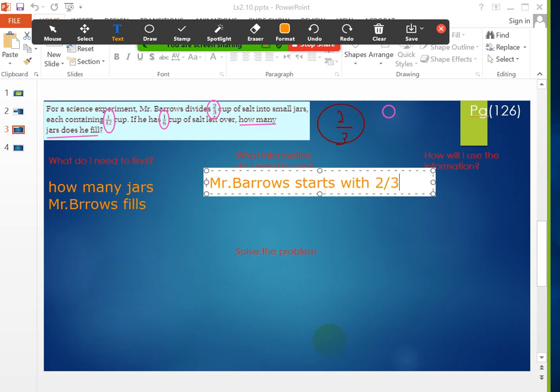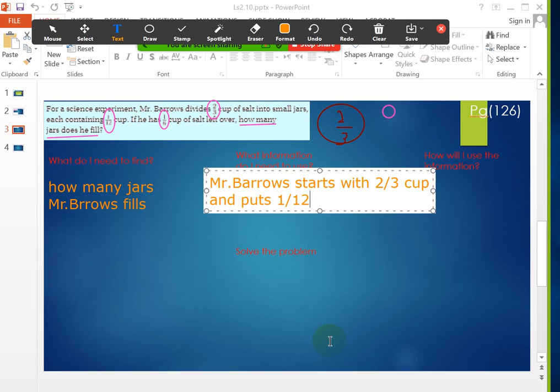With 2/3 cup, and puts 1/12 cup in each jar, in each container.